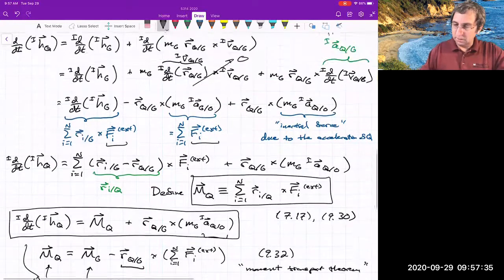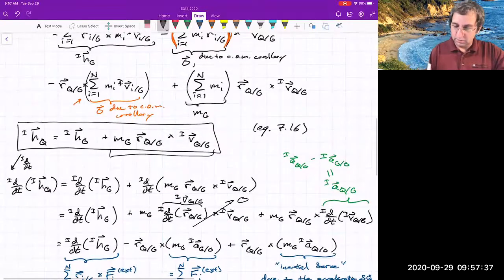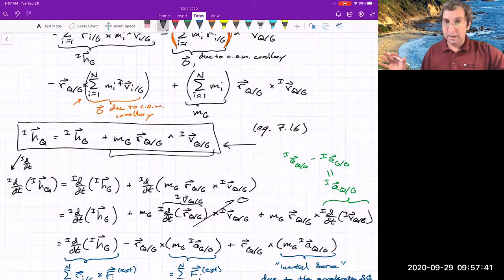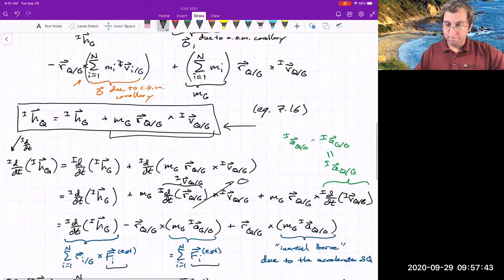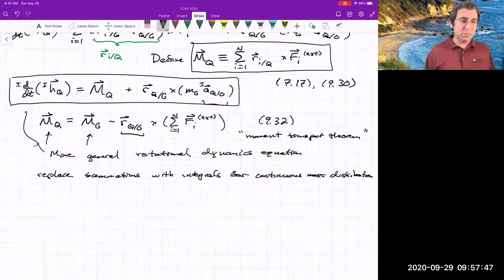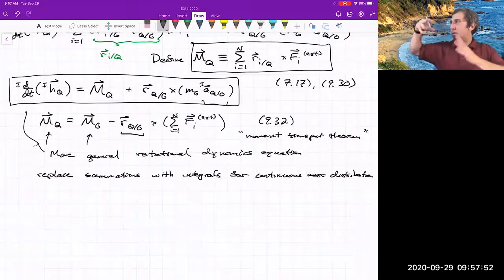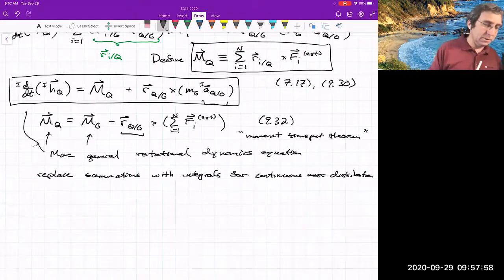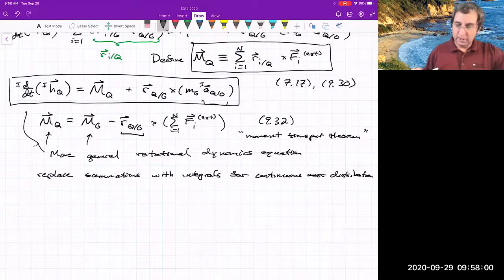In fact, this equation up here holds for a continuous mass distribution just as well as a discrete one. By a continuous mass distribution, we usually mean a rigid body. We don't mean something squishy, like a blob of goo. We typically have in mind some rigid body situation.